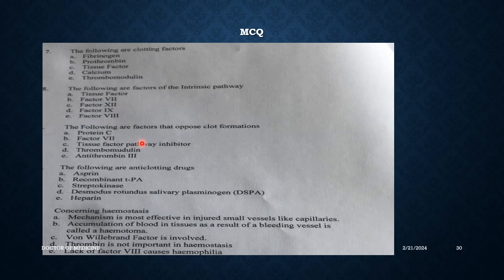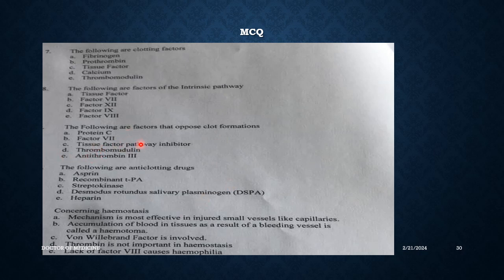Next question. The following are factors that oppose clot formation. Protein C: one of the mechanisms of natural inhibition of clot formation involves protein C. Protein C binds to thrombin, which is bound to thrombomodulin. Protein C will then inactivate factors 8 and 5. Factors 5 and 8 are inhibited by protein C, so it opposes clot formation.